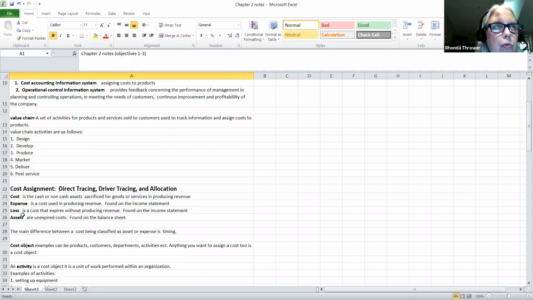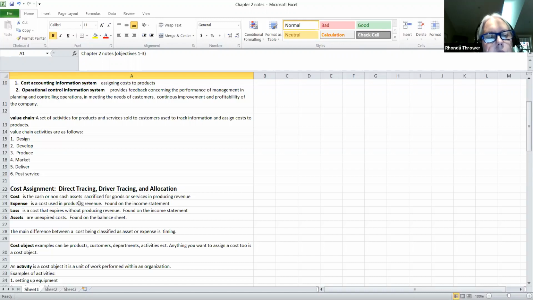Also, they've defined for you some terms that you may already be familiar with, and so we're going to review these terms. One of the terms is what we refer to as a cost, and a cost is the cash or the non-cash assets that we're going to sacrifice for goods or services that we are producing for the company while we are producing the revenue for the company.